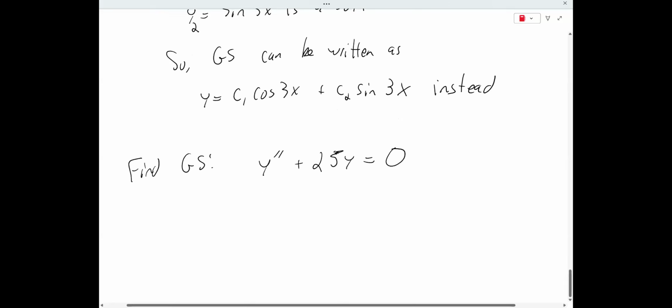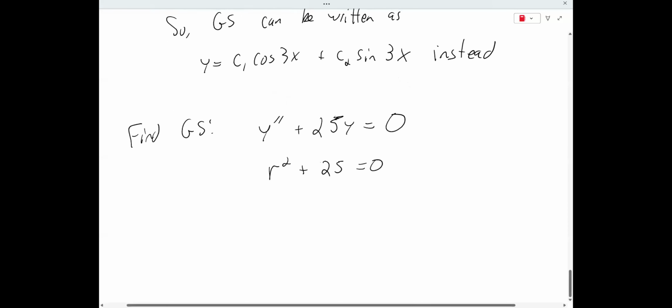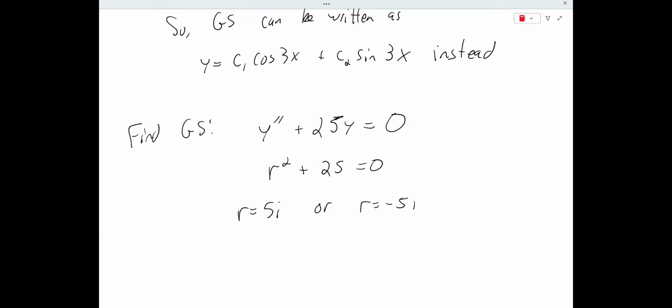We don't have to go through that whole thing again, but you find your characteristic equation. You get r squared plus 25 equals 0. Then your roots are r equals 5i or r equals negative 5i. Those are the solutions to the characteristic equation.